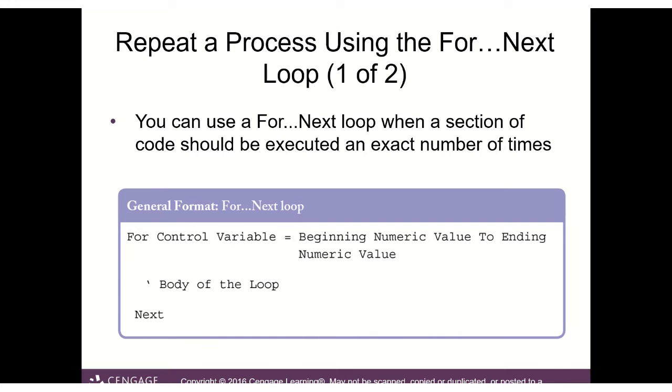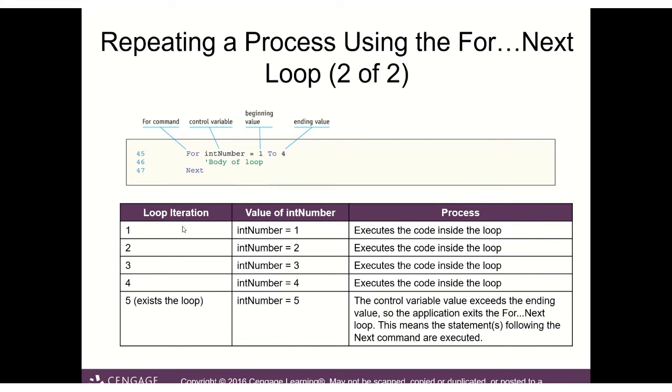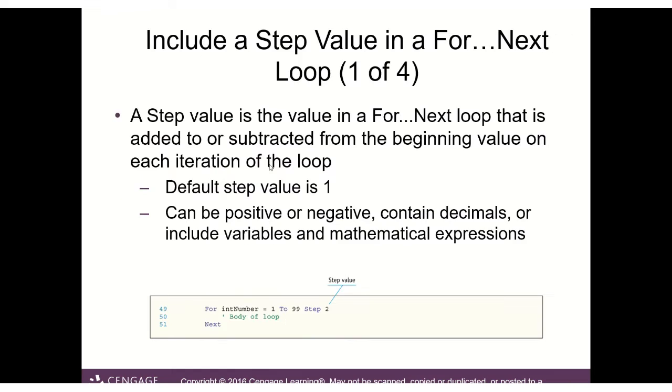So let's say we have control variable x, and then we can say x = 1 to 10, and then you have the body of the loop, whatever you are going to do in the loop, and then you put the Next. So that's an example. You can write the body of the loop's string 4 times. The same string is written 4 times here.